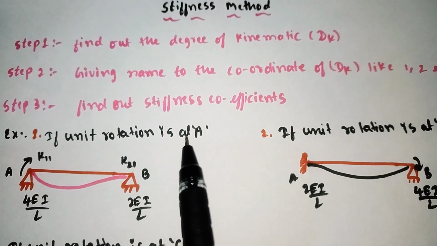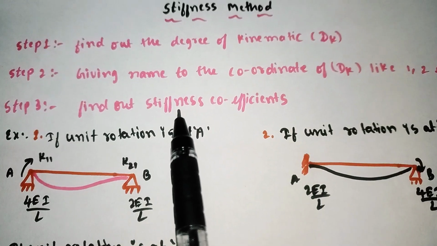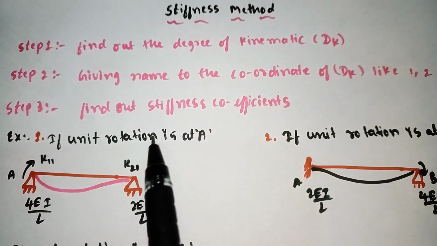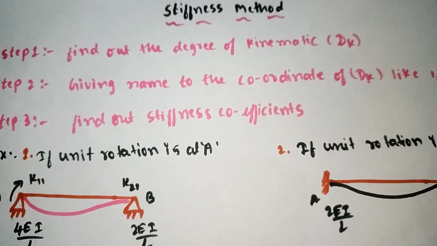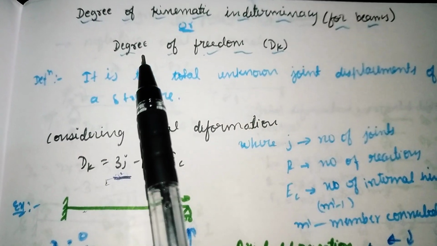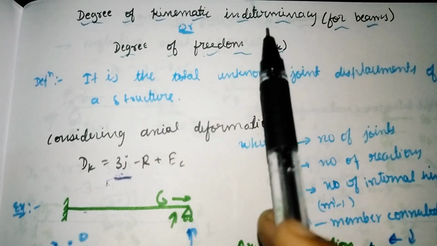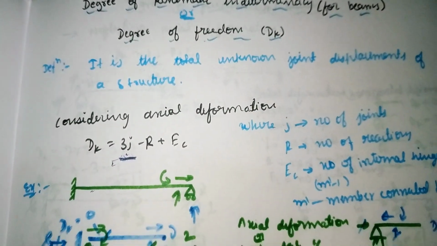We have already made a separate video on this while studying the indeterminacy of structures. Here I will show. Here I have already made the video on how to find the degree of freedom. It is also called the degree of freedom. So how to calculate the degree of freedom?